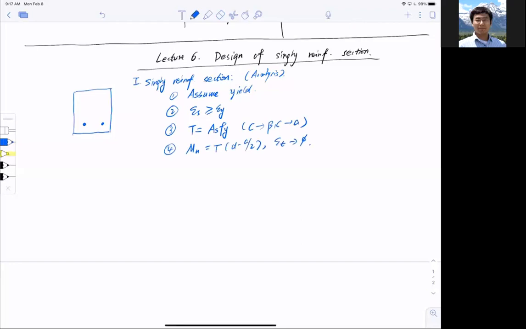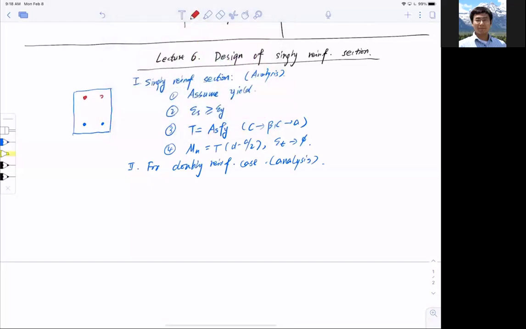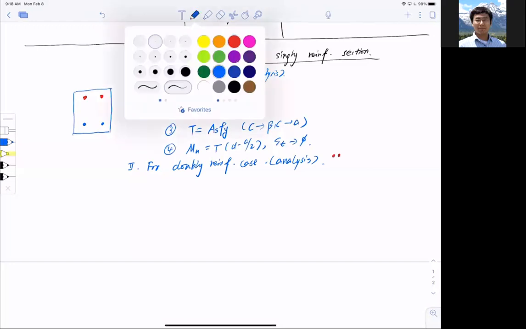Not bad, right? Now for the doubly reinforced case, and again, this is analysis, a quick review of what we have done so far. What's different is that we provide compressive bars on the top, just to show the difference.